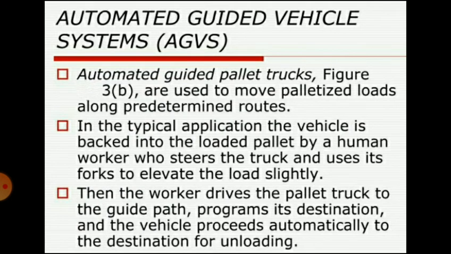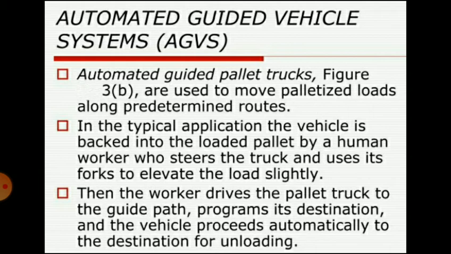Second is automated guided pallet trucks. So they are used to move palletized loads along predetermined routes. The human worker, after loading the pallet by using forks, elevates the load slightly, drives the pallet truck to the guide path.